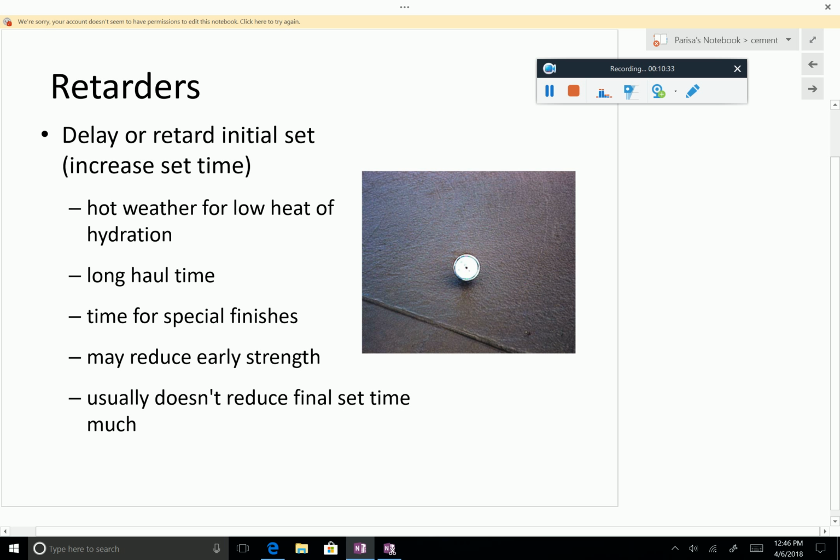You will have more time for finishes, but this could affect the earliest strength development and typically doesn't affect the final setting time. So really it's more about the initial setting time that we have talked about in the context of cement hydration.